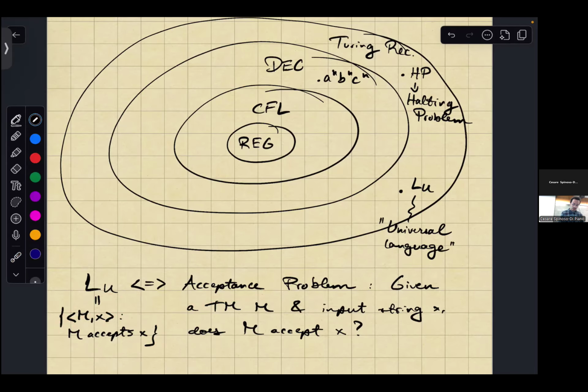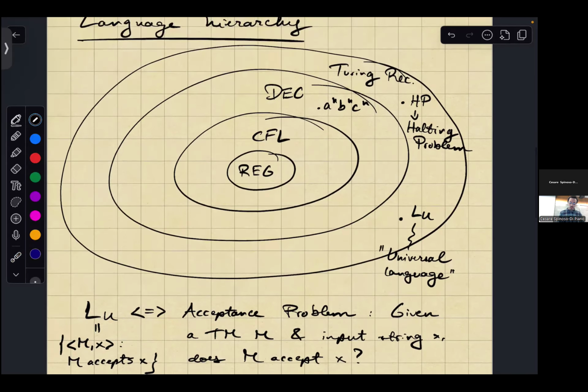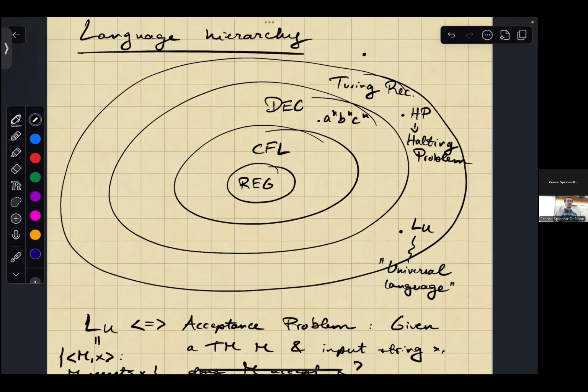Beyond the universal language, another one that you've also seen, which wasn't even Turing recognizable, was the language that you obtained from a diagonalization argument. Maybe you remember this from the lecture. An argument similar to Cantor's argument that the reals are uncountable was given to show that there exists a language that is not even Turing recognizable.